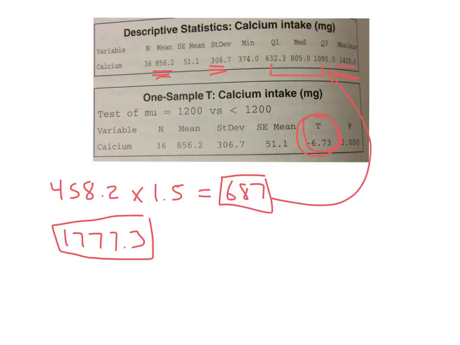That is a lot of standard deviations, which indicates why this p-value is basically 0. So that's very strong evidence to reject the null hypothesis and say, yes, these women are not getting their RDA, recommended daily allowance of, what do they want? Calcium. Okay, so that's basically the whole problem right there.